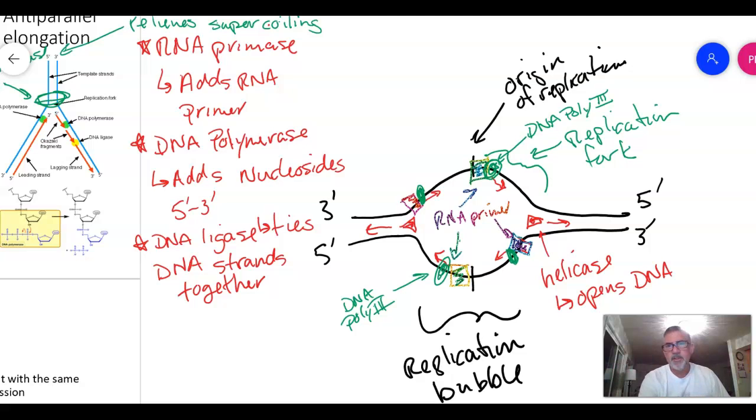Now that DNA polymerase, if we're on the short side, will make DNA until it hits that RNA primer, and then it'll stop. This right here is what they call an Okazaki fragment.